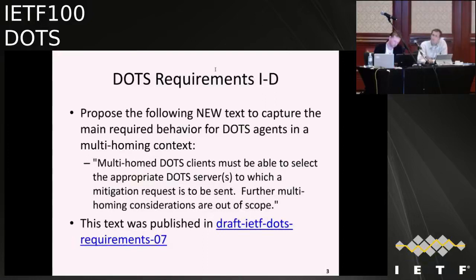So this requirement text is really brief and concise. We don't want to go into specificities of the multi-homing to not overload the DOTS requirement document itself. This text was published in the recent version of the requirement document. So many thanks to Andrew. Next slide, please.